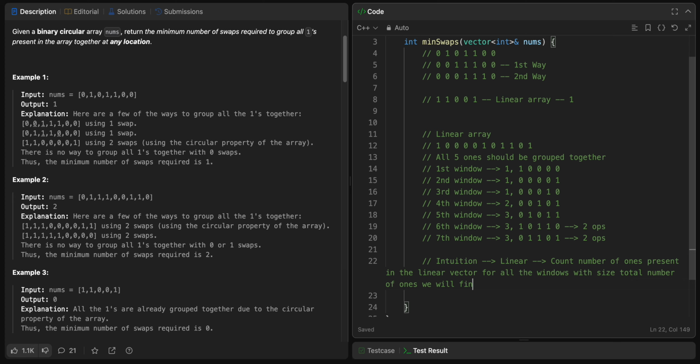We will find the window which is having the maximum number of ones and subtract it from our original window size.